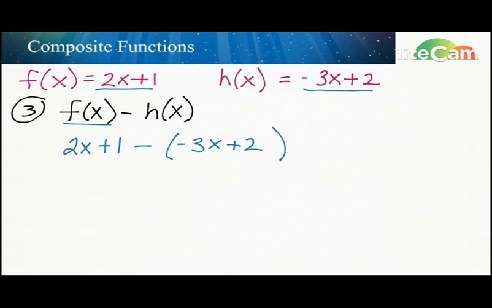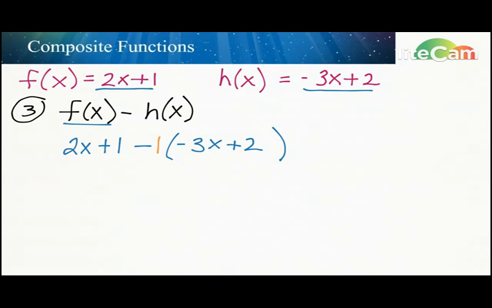So f of x is 2x plus 1 minus all of h of x. The whole thing of h of x is -3x plus 2. The reason why I put it in parentheses is to make sure that something in front of the parentheses is going to affect it, or that I haven't missed anything. Okay? If it had been a plus, no, I wouldn't miss anything. But see this minus right here in the middle? The minus really means it's a -1 that needs to be distributed.